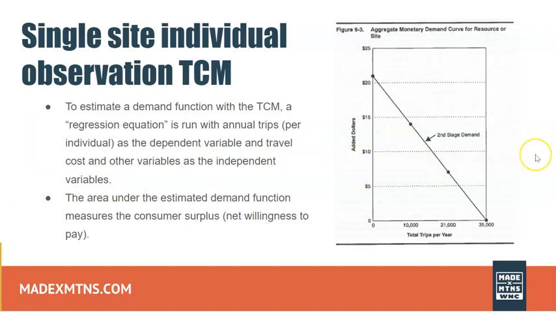And figure 9.3 in the textbook, which I actually asked you to skip those pages, but here's the picture. We can estimate the relationship between travel cost and total trips per year. And then the area underneath this demand curve, above the price, is the consumer surplus or the net willingness to pay, the economic benefit number that you'd use for benefit cost analysis.